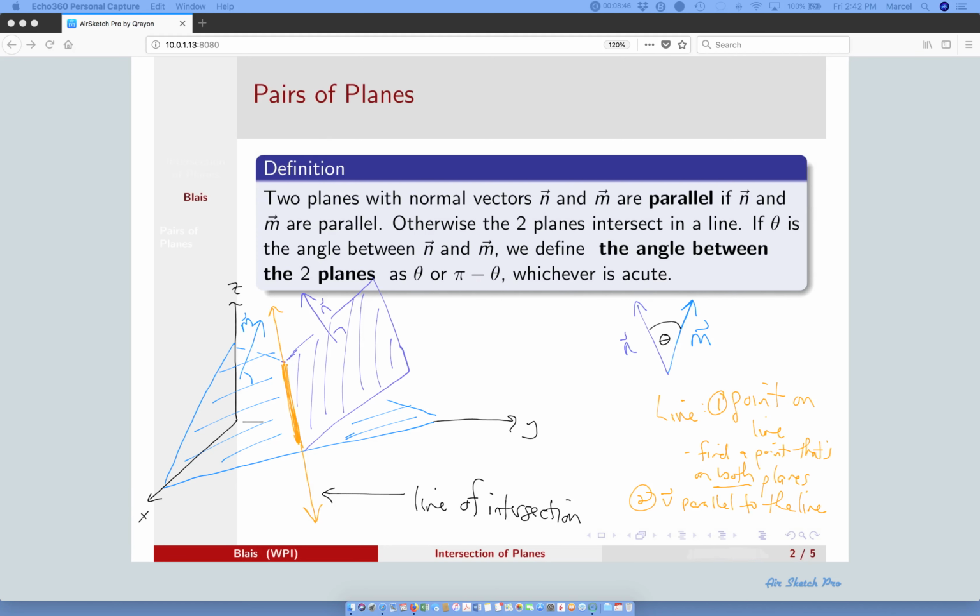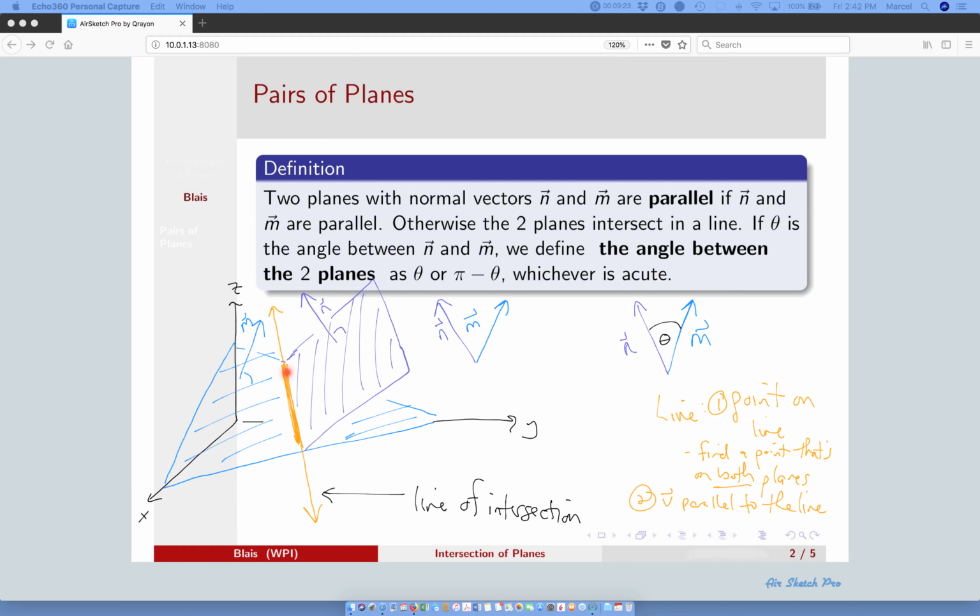And that's where we can notice here that we have m and n. We know that this purple vector n is perpendicular to anything in this purple plane.